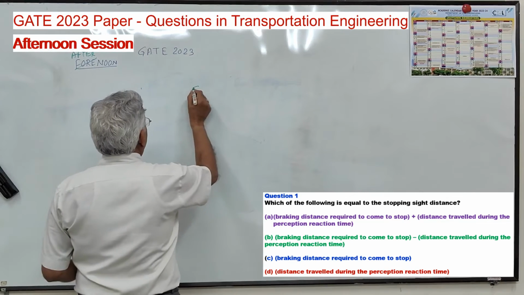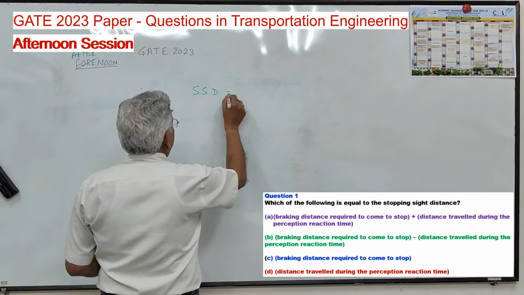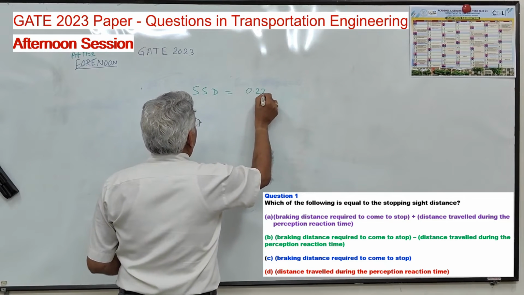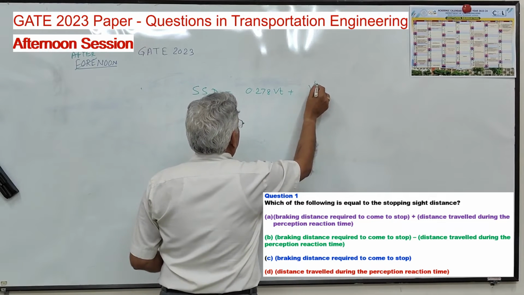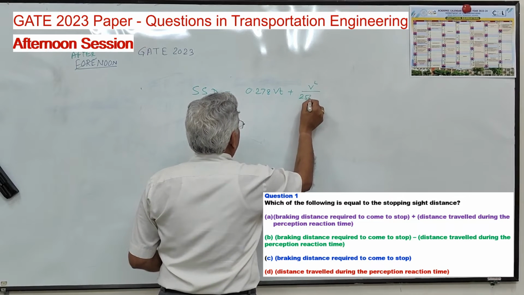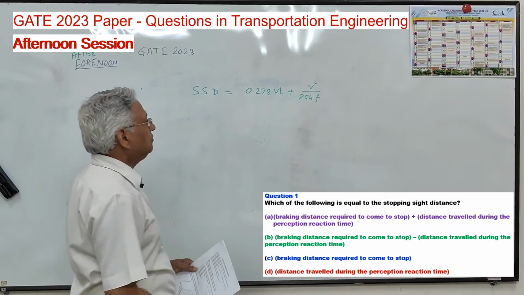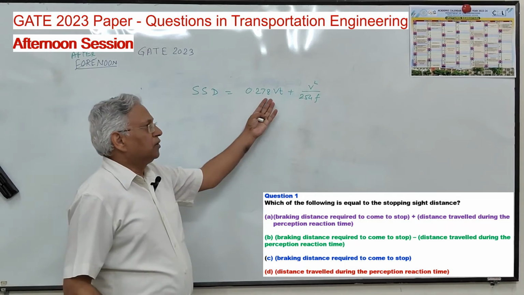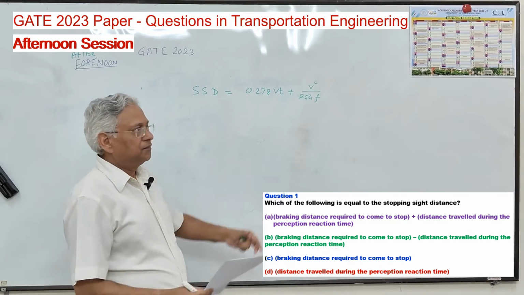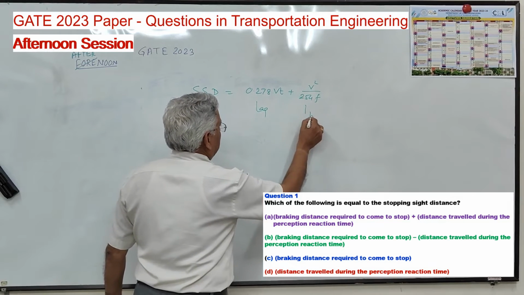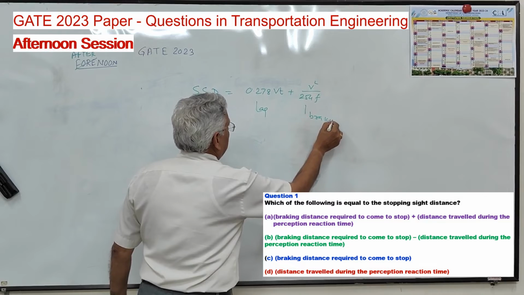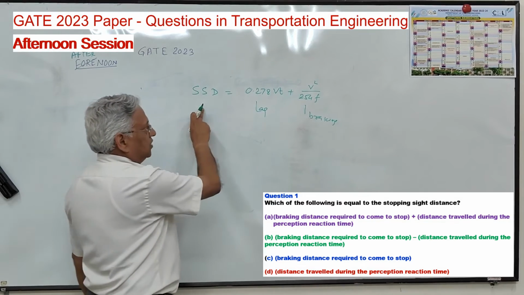Stopping sight distance SSD is 0.278 Vt plus V square upon 254F. This is what we call the lag distance, and this is called the braking distance. And the sum of these two is the stopping distance.